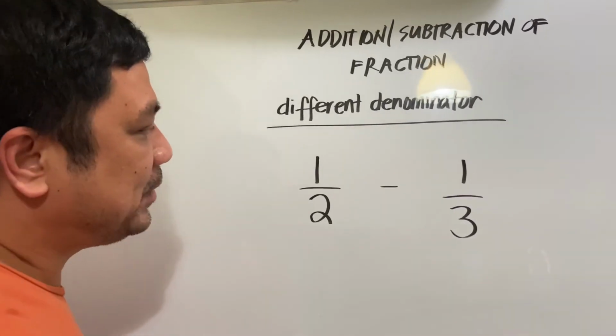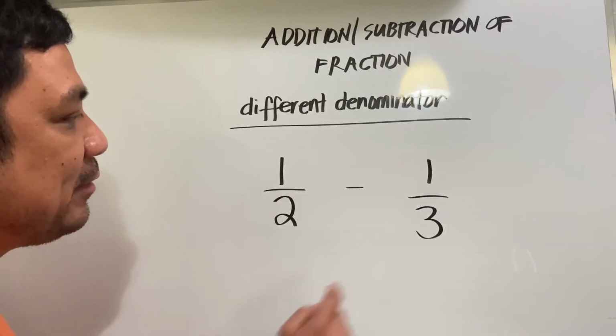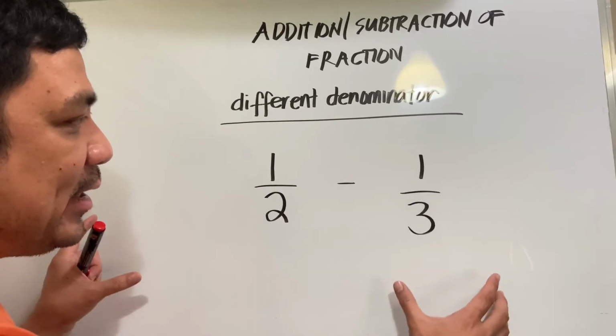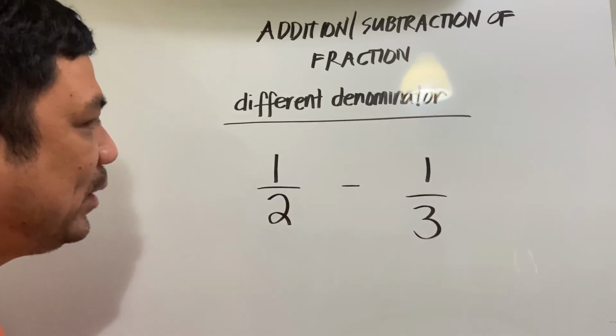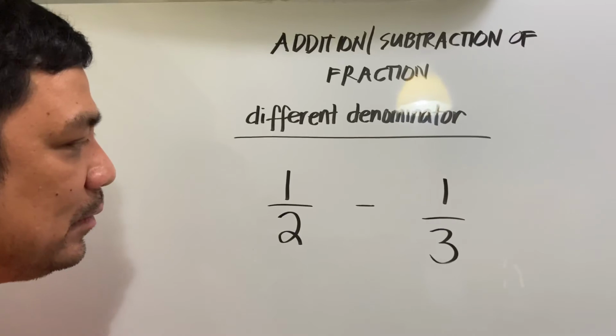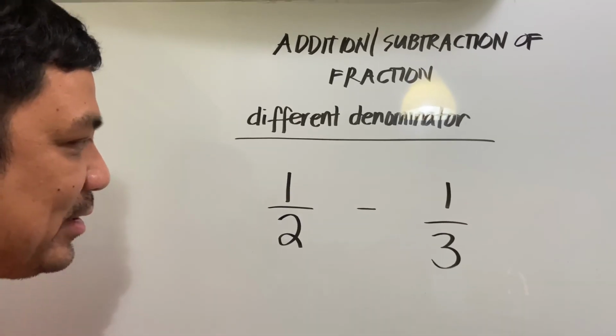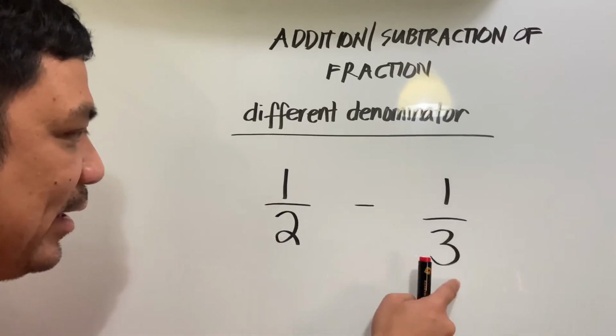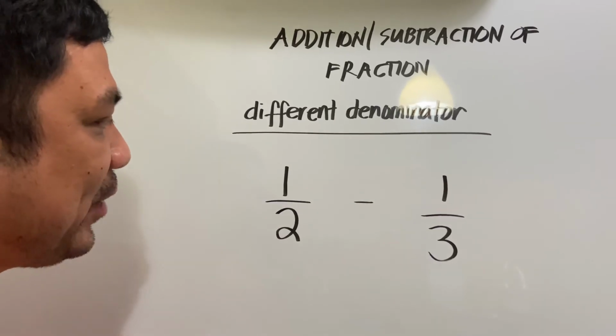So 1/2 minus 1/3. Our target is to make their denominators equal. So what will we do with these two fractions? 2 and 3, how can we make their denominators equal?